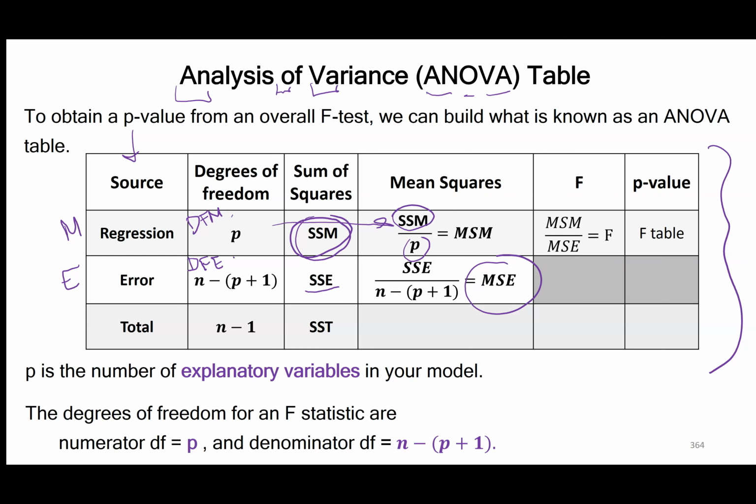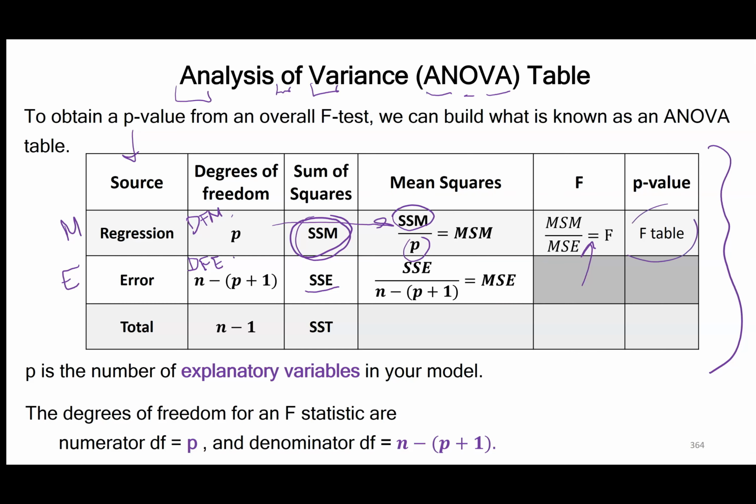Then you take the ratio here. So what's explained by the model divided by what's not explained by the model. That gives you your F statistic. The bigger it is, usually the smaller your p-value gets. Well, actually, the bigger it gets, absolutely your p-value gets smaller.